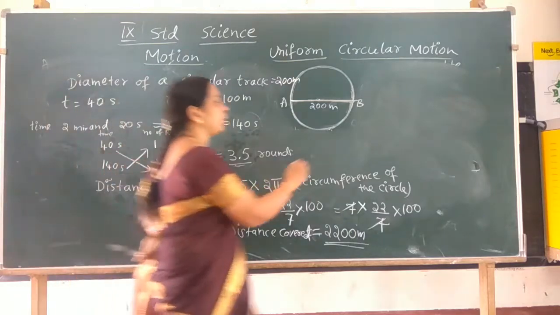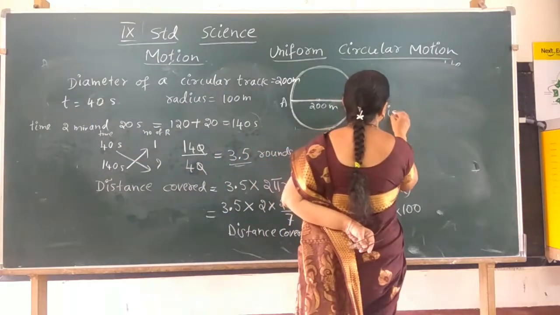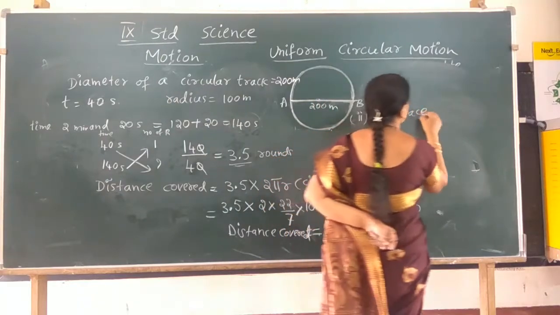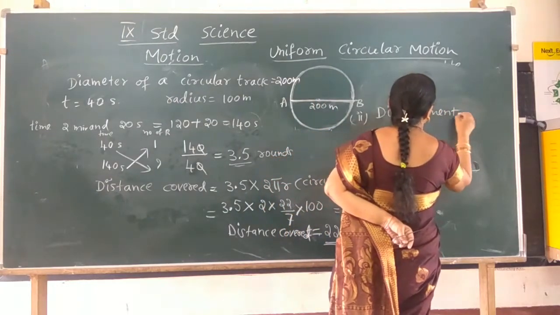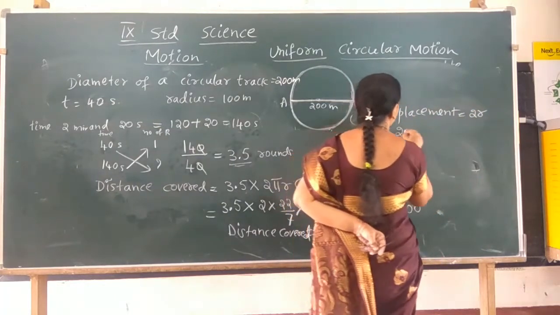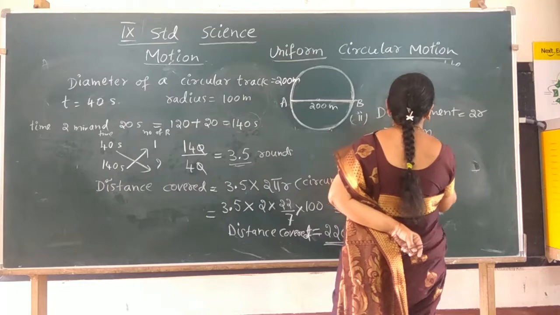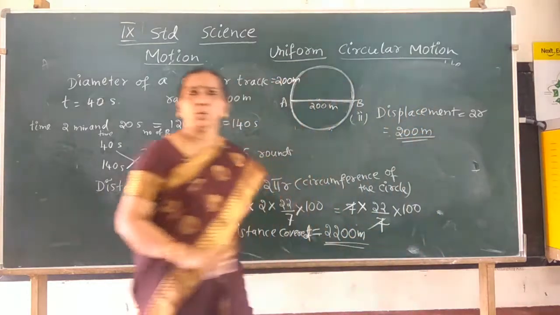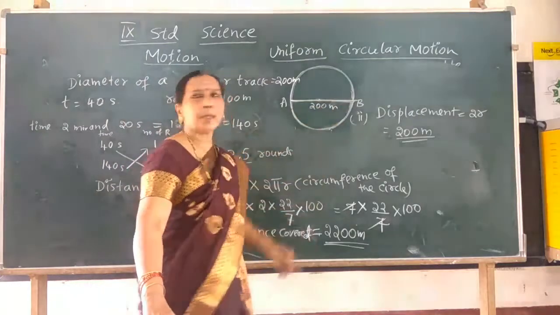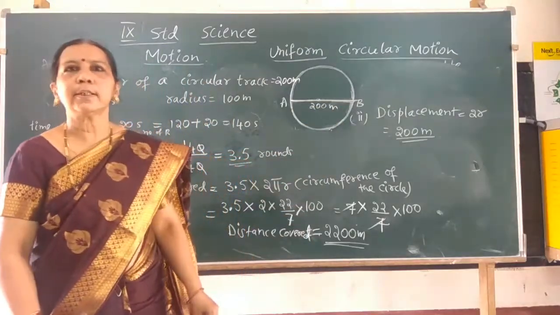And the second one, displacement, is 2r, that is equal to 200 meters. Twice the radius means diameter.